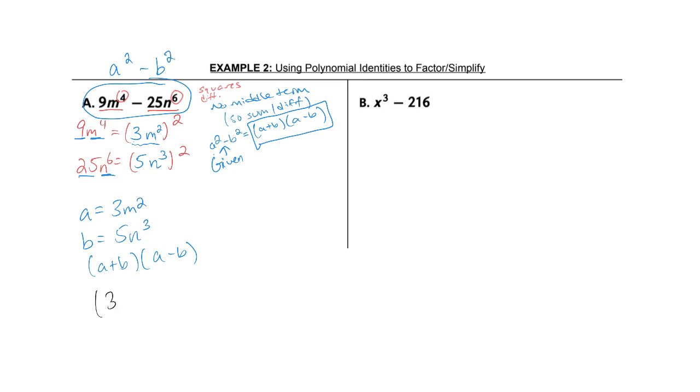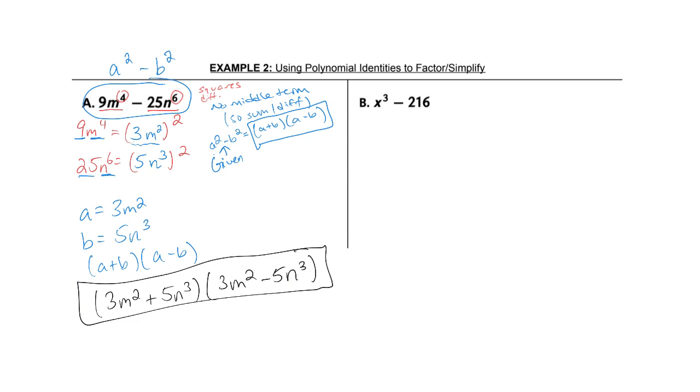All right, a is 3m squared plus b, 5n cubed, times a, 3m squared minus 5n cubed. And that's how we factor it. So essentially, you're going backwards. Instead of using the formula starting with this part and going to here, we work backwards.